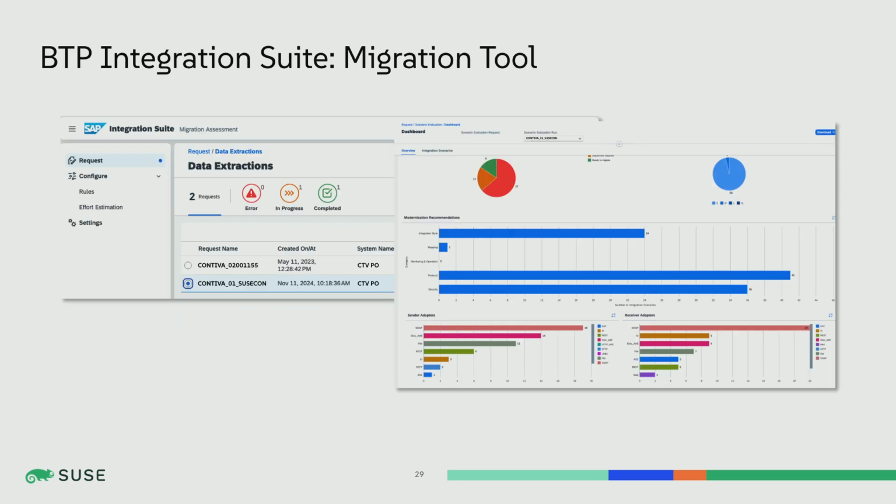So this is just a picture of the migration tool which comes from SAP. This helps us. You can do a migration assessment with this tool over your old landscape. There you get a PDF document from SAP, 10 pages long, giving you the first information: how many interfaces, which protocols, how many messages, and so on, to plan your migration, and that is very helpful.